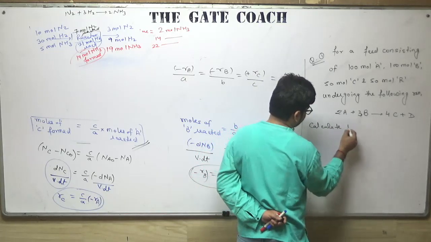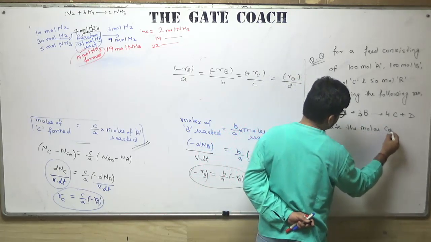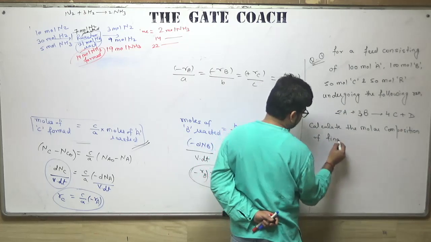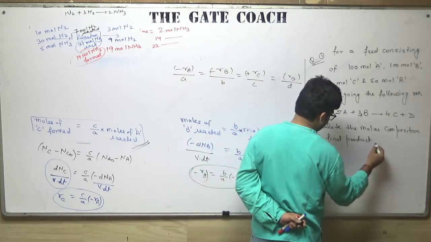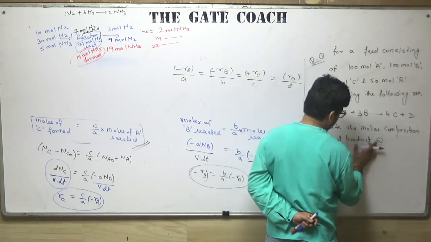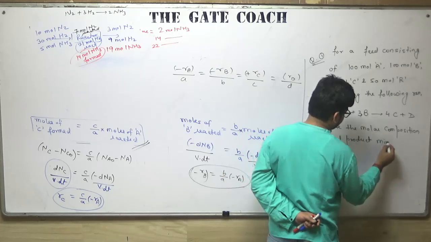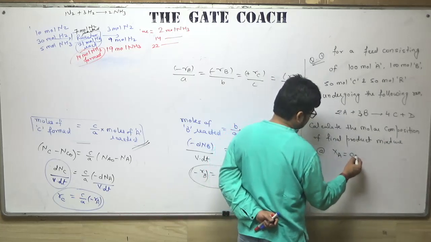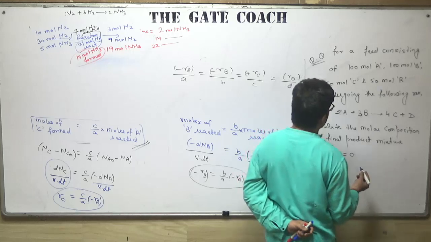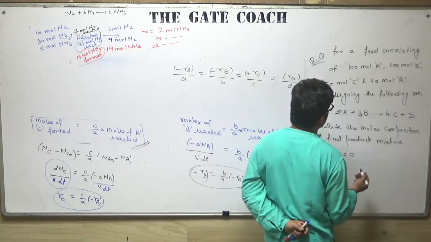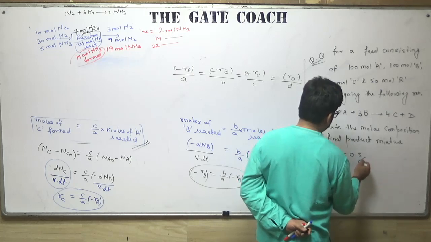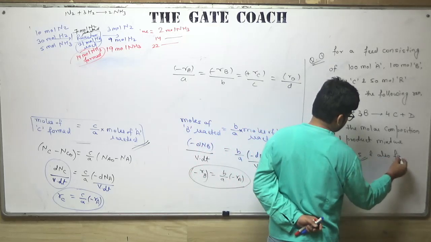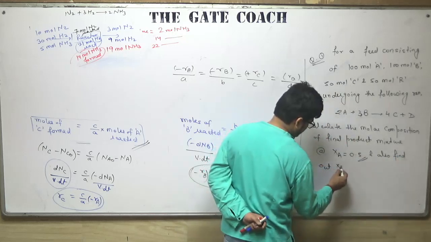So calculate the molar composition of the final product mixture at XA equal to 0.5, and also find out XR.